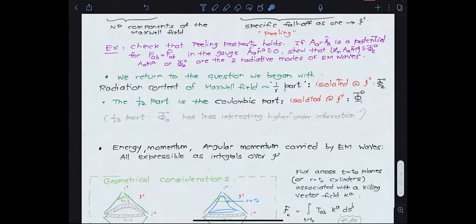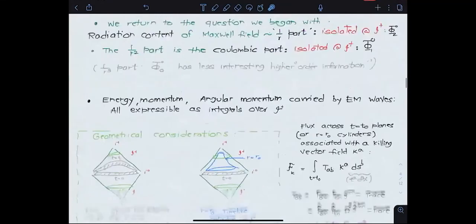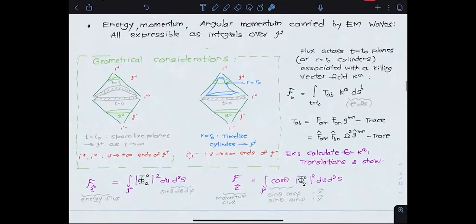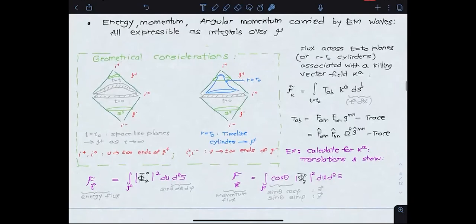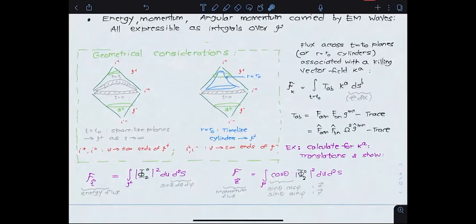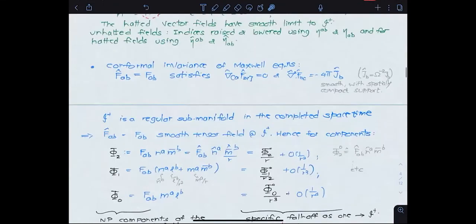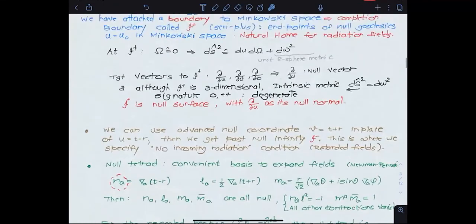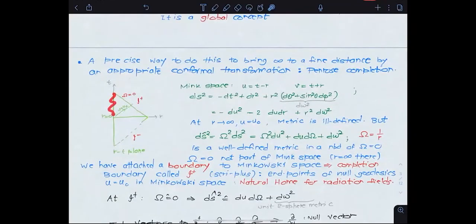And now we return to the question that we already did. It began with the 1 upon r part being isolated in here. So now we can talk about the energy and angular momentum carried by electromagnetic waves. And they're all expressible as integrals on this Scri plus. Again, I'm interested here in waves where I've got some sources in the interior region, and they're radiating waves.